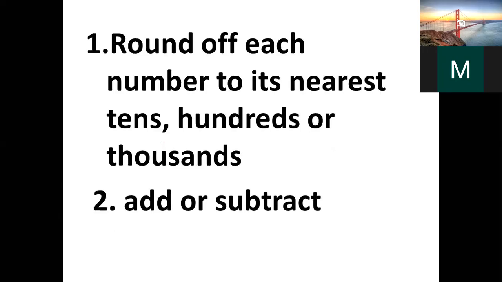So you can estimate the two numbers: first round off each number to its nearest 10 or 100 or 1000, and after that add or subtract.